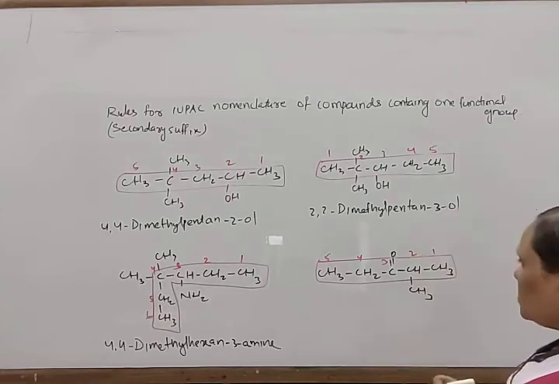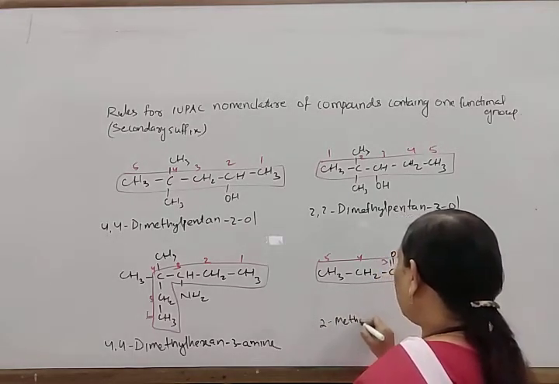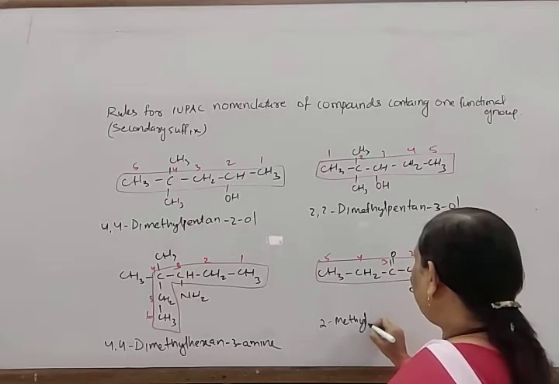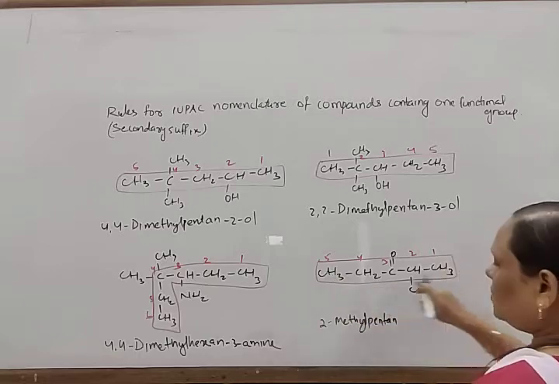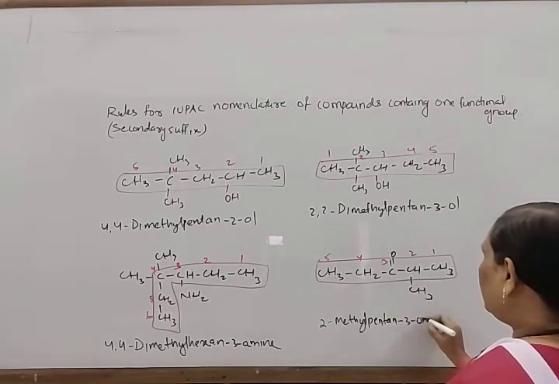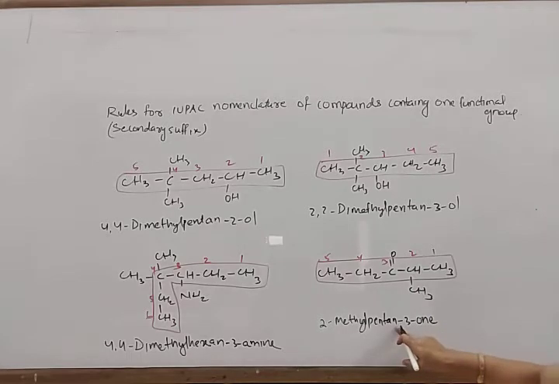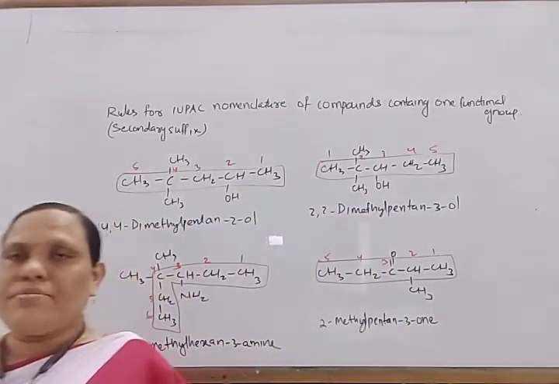Then the name of this compound is 2-methyl pentan-3-one. All carbon linking is single bond, and the suffix starts with one. Okay, so in this way, you have to name the compounds.